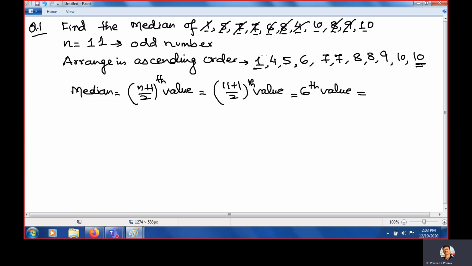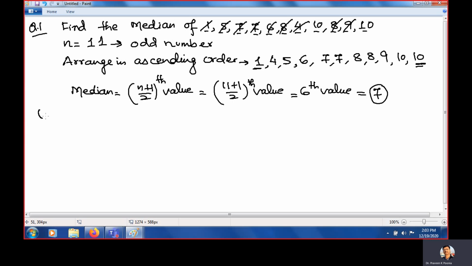What is the 6th value? 1, 2, 3, 4, 5, 6. It is 7. So the median of the above data is 7. Understand? Okay. So this is question number 1.